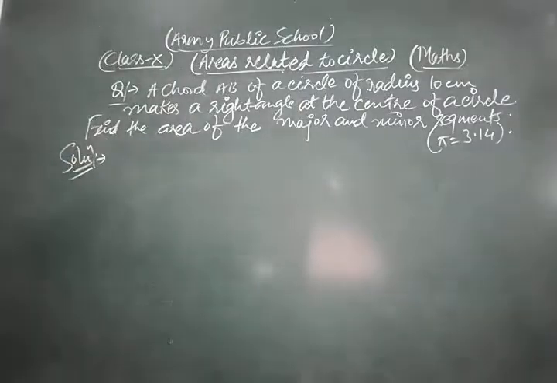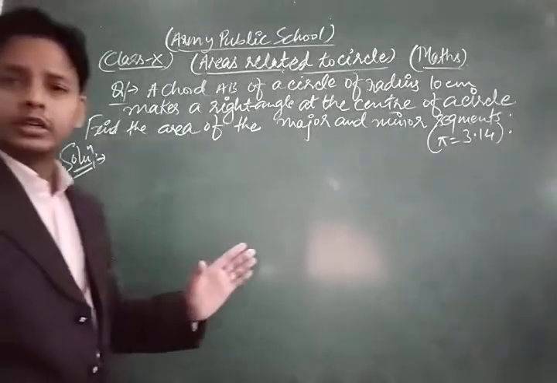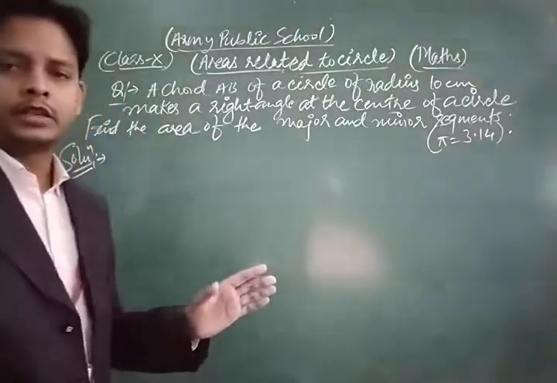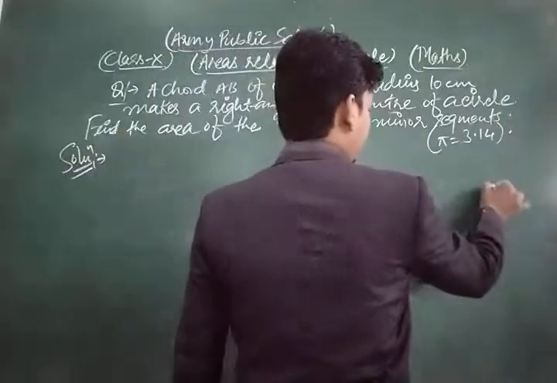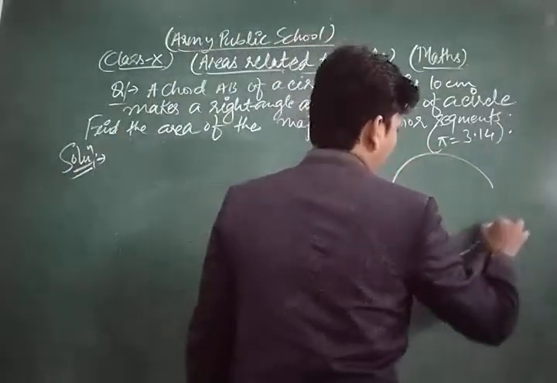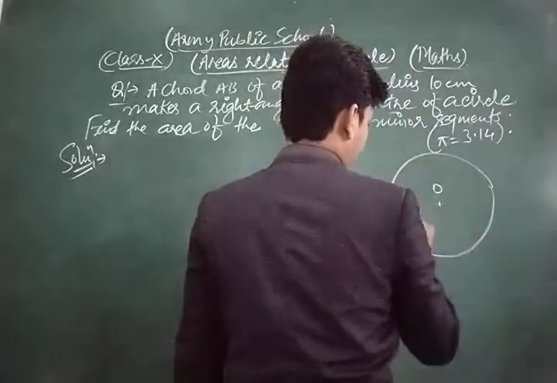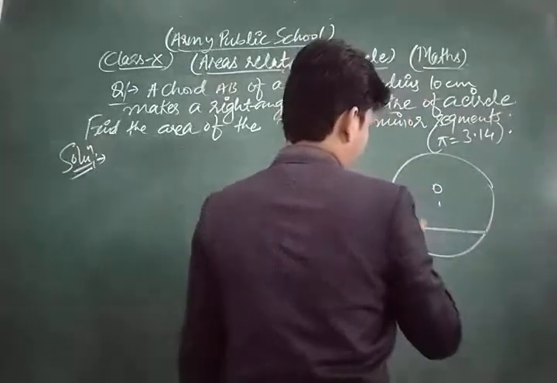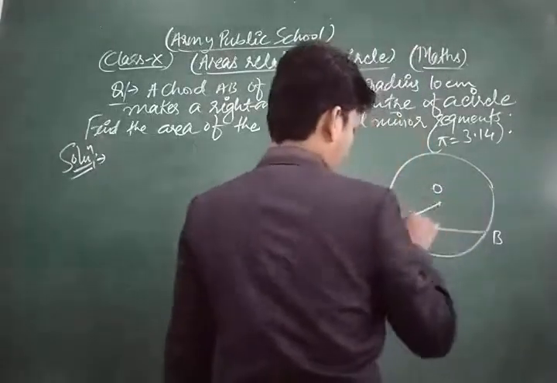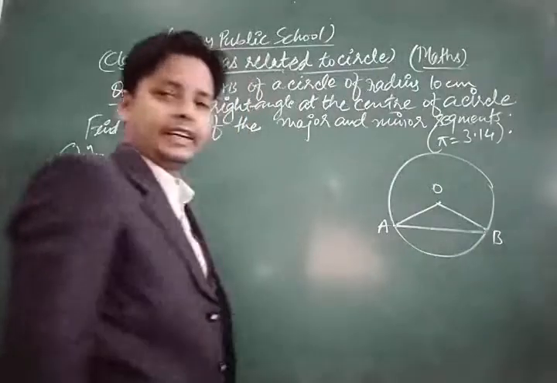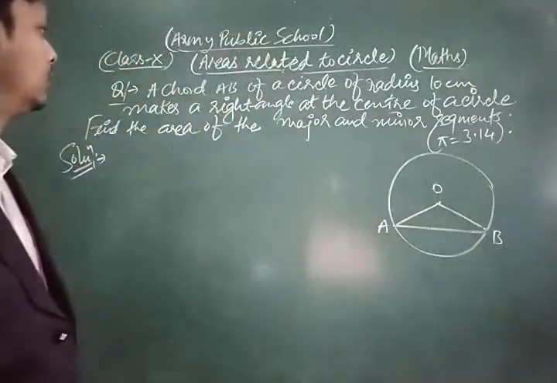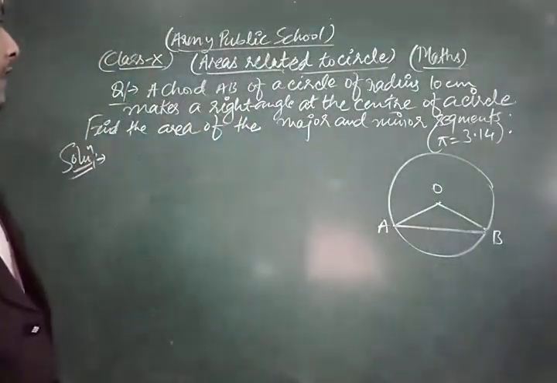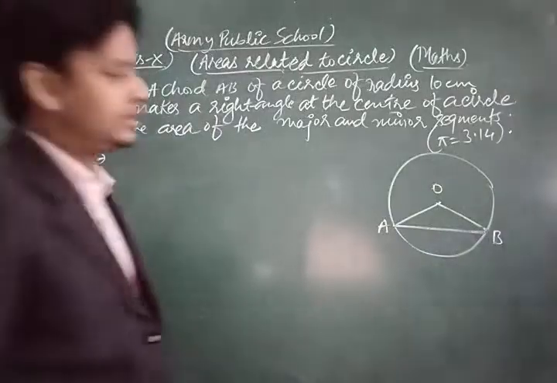Now let's see its solution. Look here, a chord AB is given in our question. Let us take O the center of the circle, and OA and OB are the radii of the circle. It makes a right angle at the center, so this is 90 degrees.